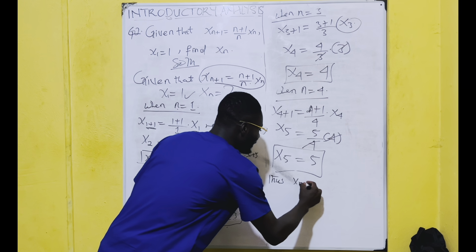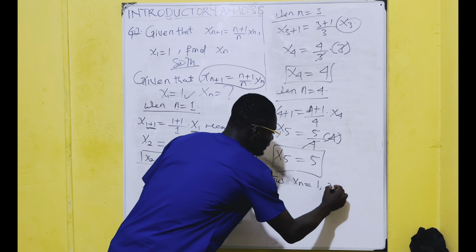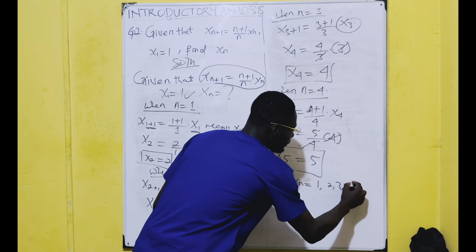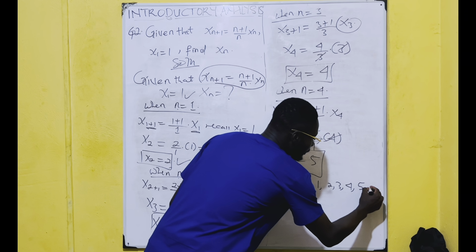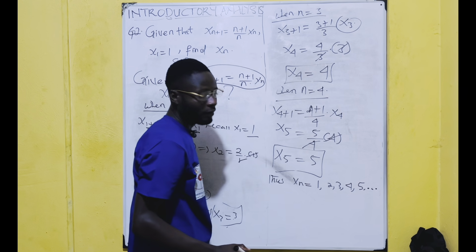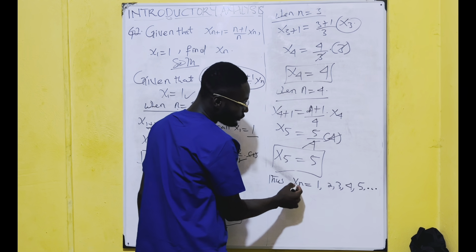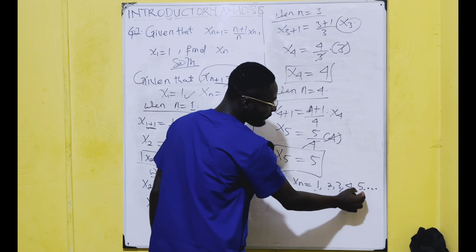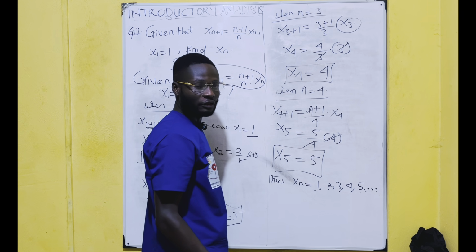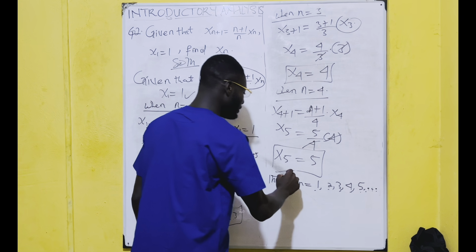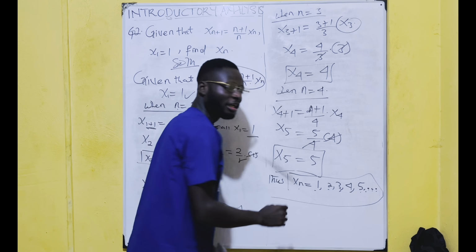Thus Sn is equal to 1, 2, 3, 4, 5, dot, dot, dot. It means it goes up to infinity. We can't go up to infinity if we are human beings.